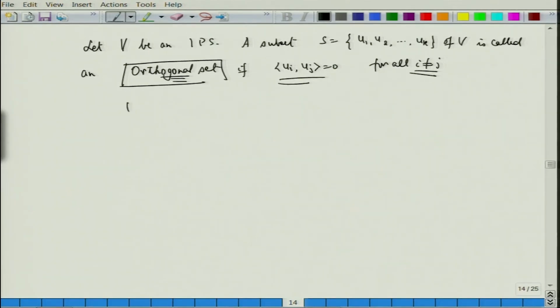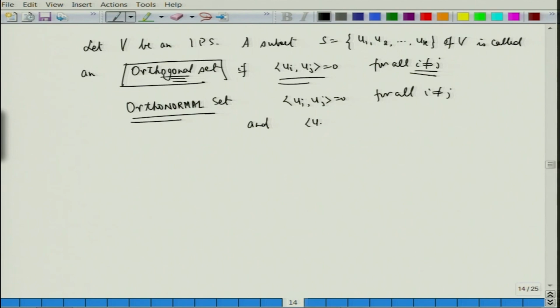Then there is a word called orthonormal. When I talk of an orthonormal set, then it is orthogonal, so I need the inner product of Ui and Uj to be 0 for all i not equal to j, and the length of each vector should also be 1 for all i.